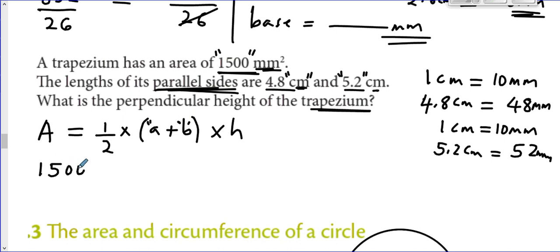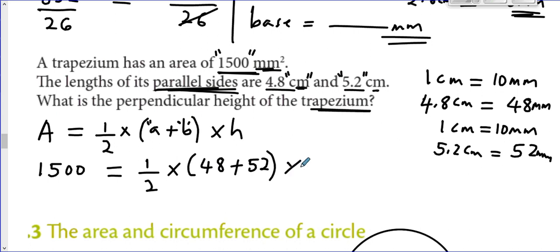So the area here, I'm going to put 1,500, because that's the area which we have, equals to 1/2 times. Then I took what is A. These A and B are the parallel sides, and the parallel sides, one is 48 plus another one is 52. Then once I find that sum, I'm going to multiply by height.